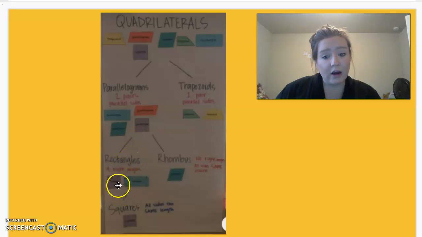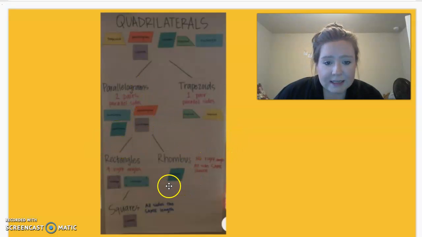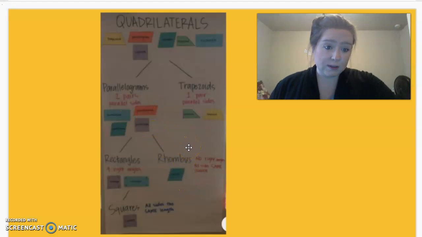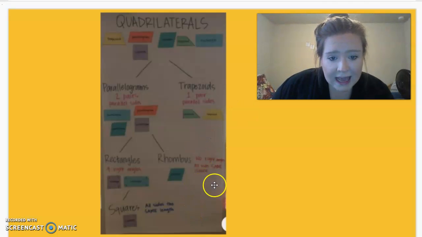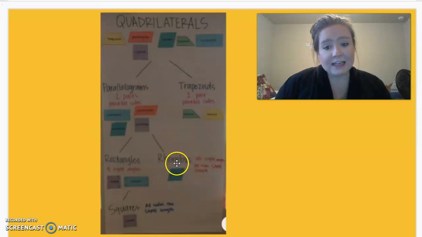So a square is also a rectangle, and a rectangle is a rectangle. A rhombus is a parallelogram, but it's also just called a rhombus. It has no right angles and all the sides are the same length. So, but it's also a parallelogram because it has two pairs of parallel sides.